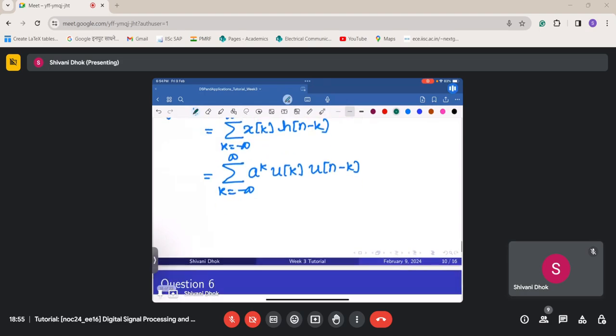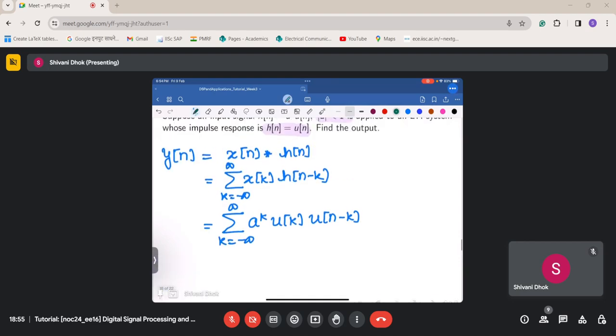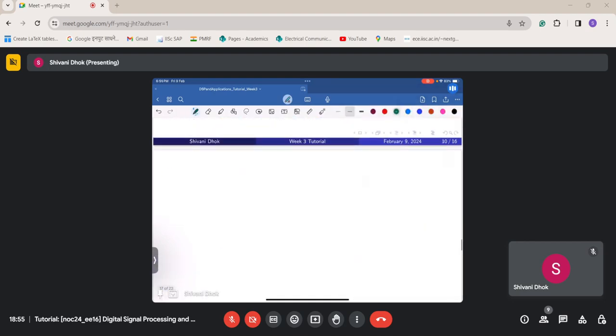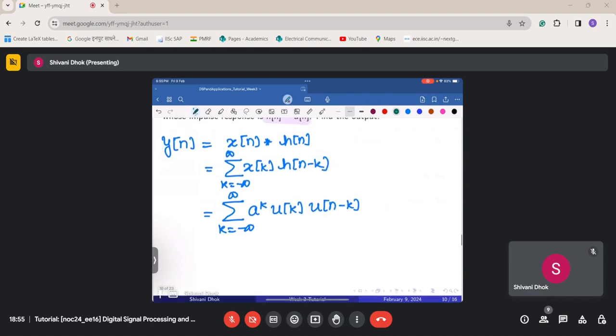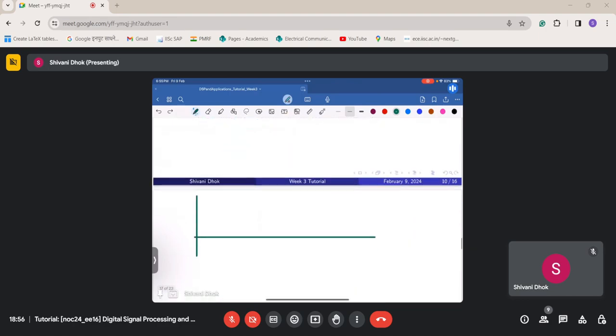So how does this u[k] look? This u[k] will be 1 for all values of k greater than or equal to 0, and it will be 0 otherwise.